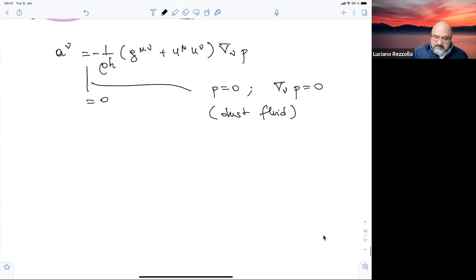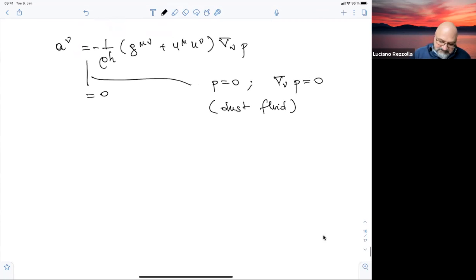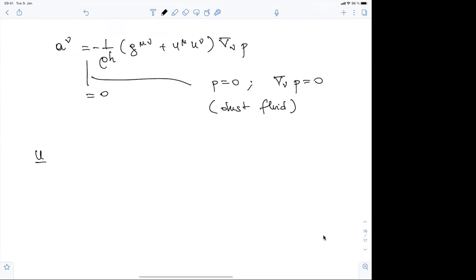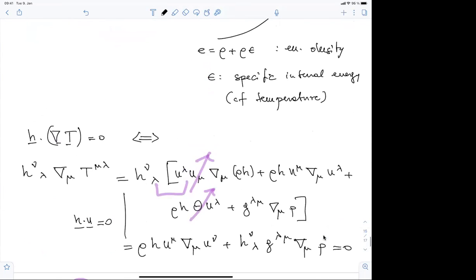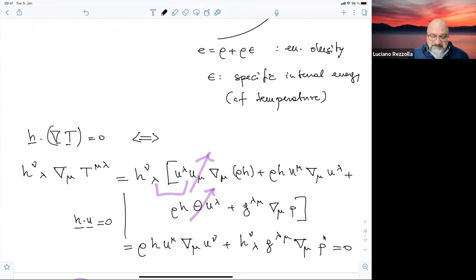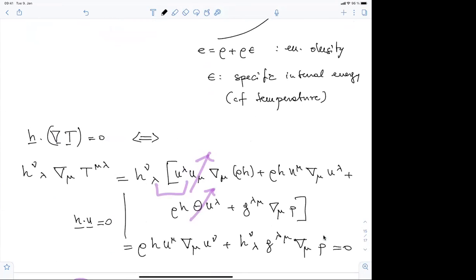Okay, what about the other equation? Sorry, before you go on, there was a question about the epsilon. The question was, is epsilon interaction energy? I have no idea what the interaction energy is. So maybe you can elaborate on the physical interpretation of epsilon. Right.